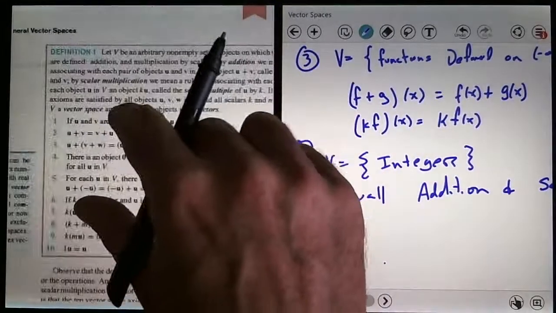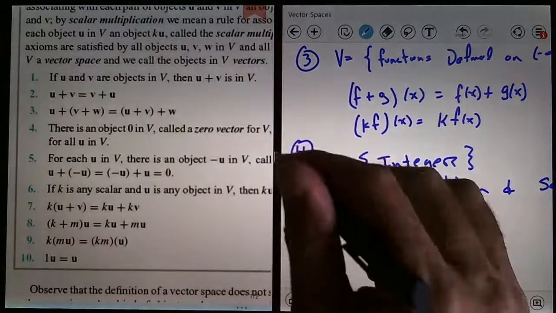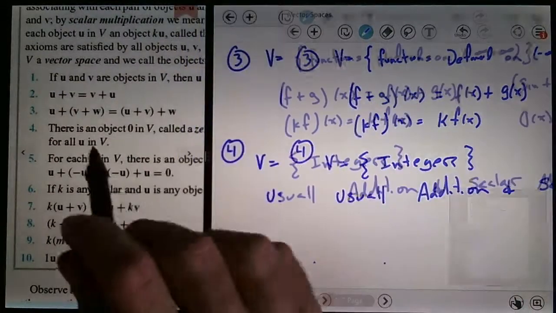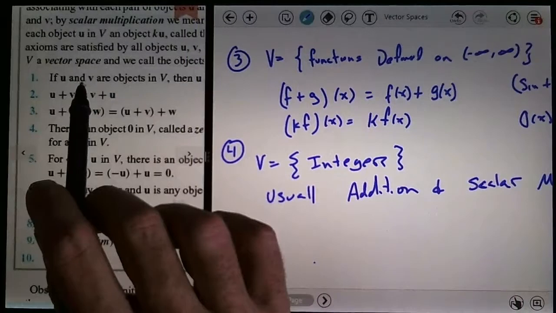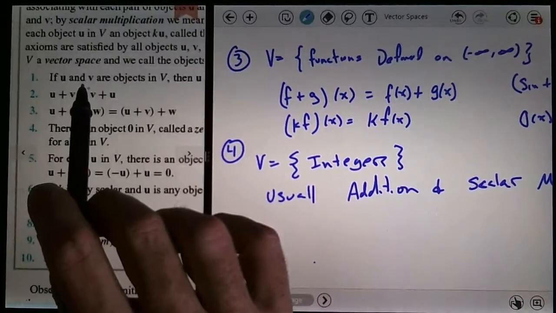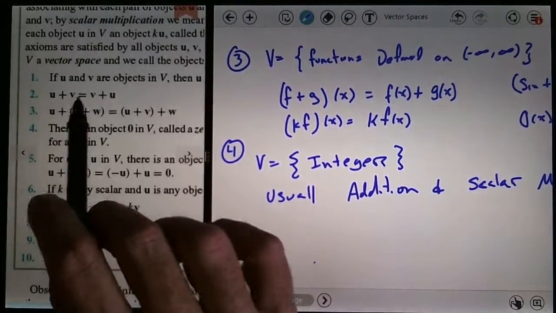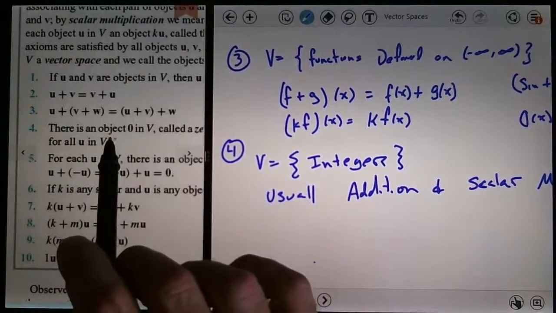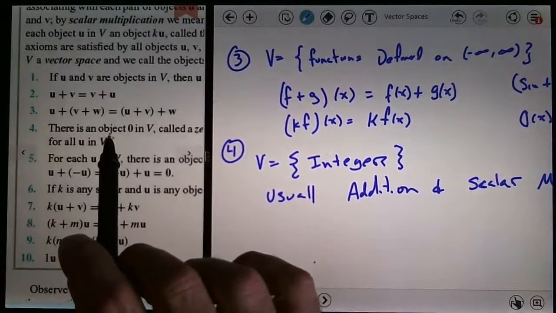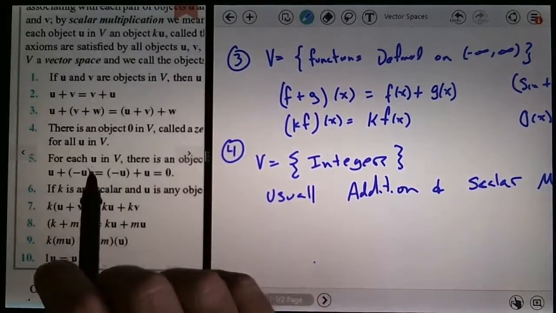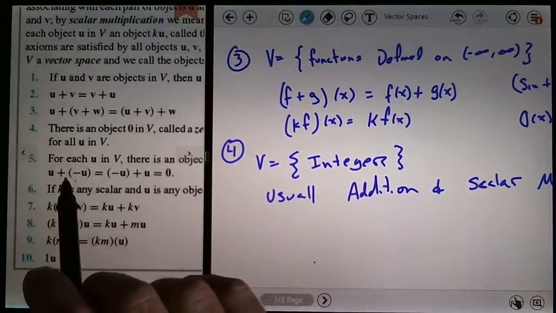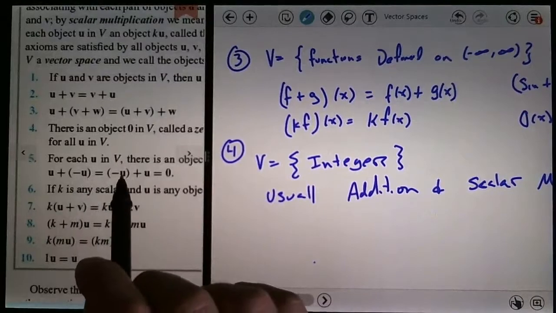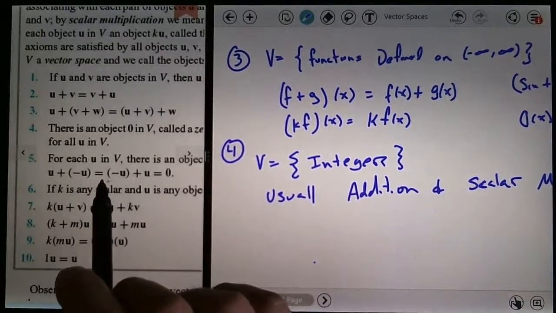So when I look at, if I add two integers, do I still get an integer? Sure. Is addition commutative? Yes. Is it associative? Yes. Is there a zero object? Yes. That would be 0. That's an integer. Are there additive inverses? Well, if you have 7 and -7, those are additive inverses.